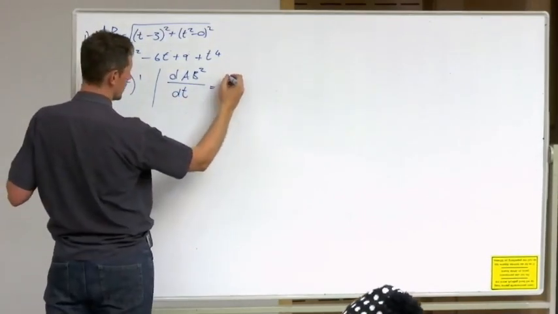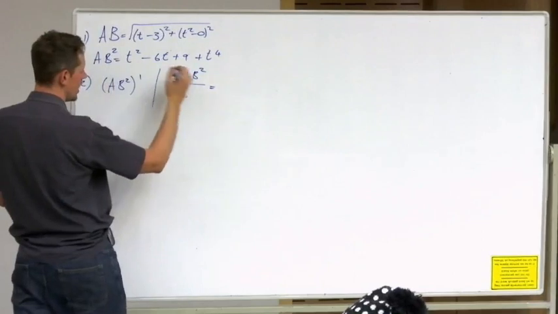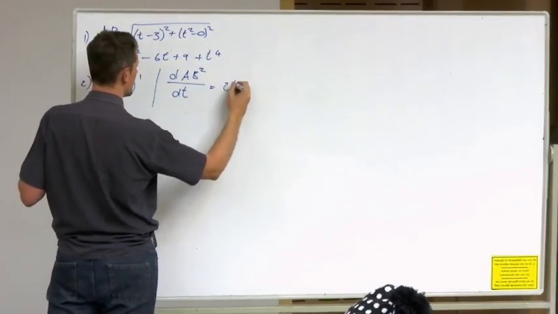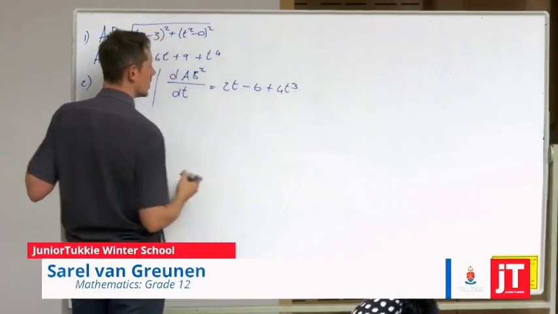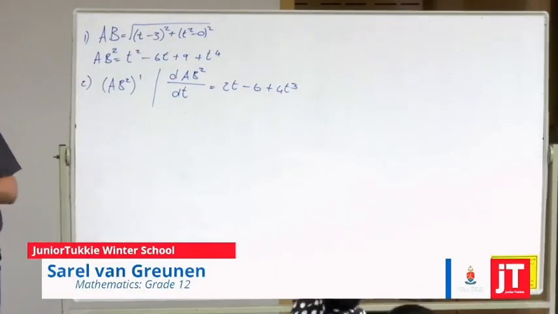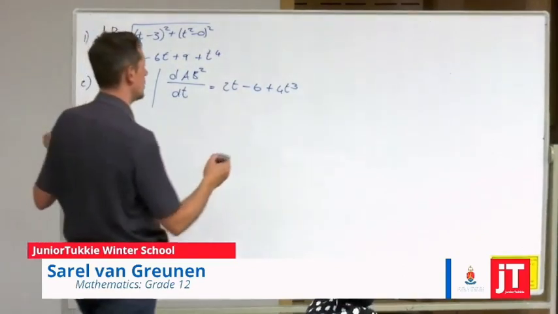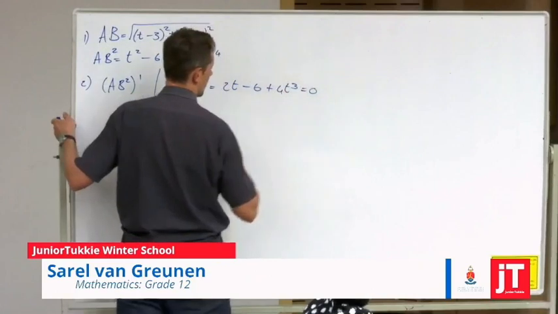So in other words, I'm going to differentiate this, giving me 2t minus 6 plus 4t cubed. And how do I make it at its smallest? Put it equal to 0.